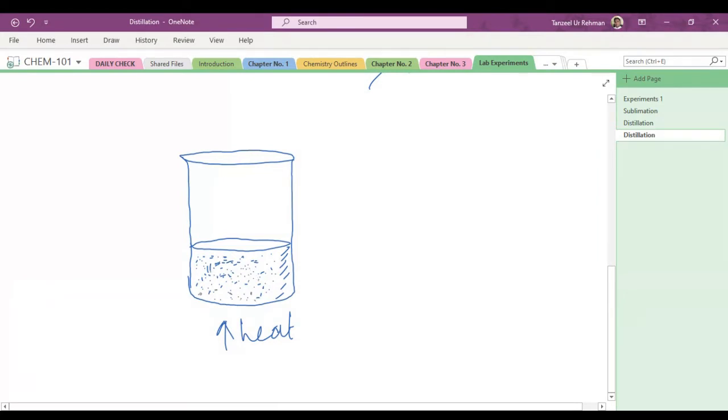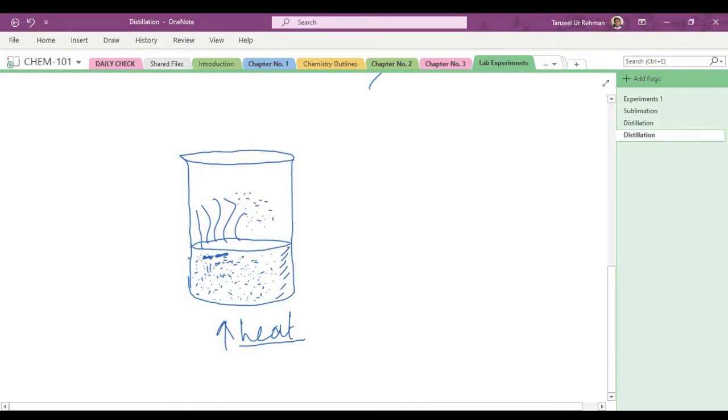Okay, now as we continue this heating, their kinetic energy starts increasing. Now at some stage, some molecules, those have greater kinetic energy, they overcome the force of attraction between one another. So what happens? They escape from this surface. They come to this space here.